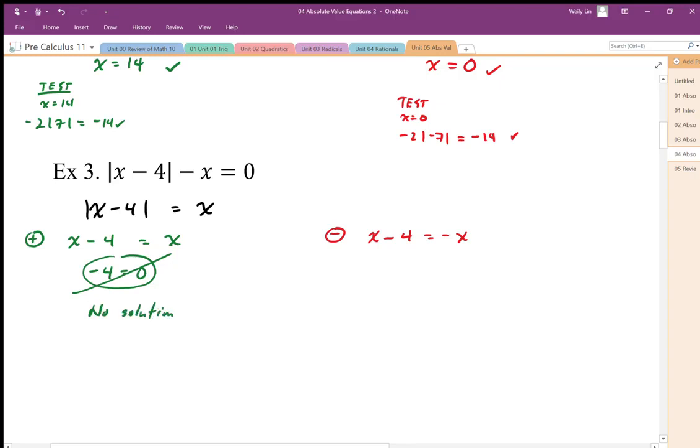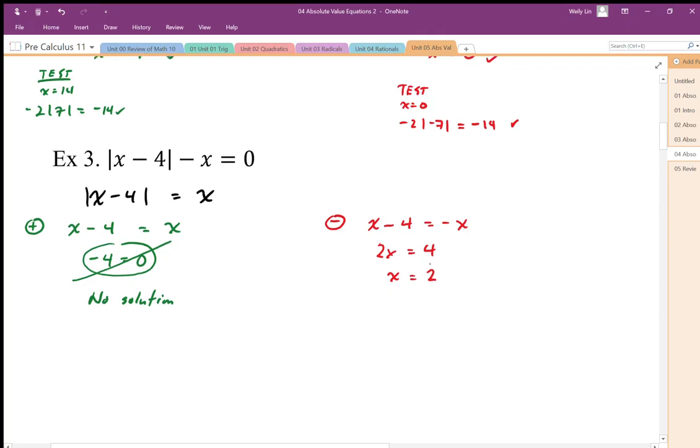Okay. On this side here, when we solve this one, we add x to both sides, we get 2x. Add 4 to both sides equals 4. Divide by 2, we get x equals 2. Okay, so we're going to end up with x equals 2. And we'll just check that solution. So we're going to test it.